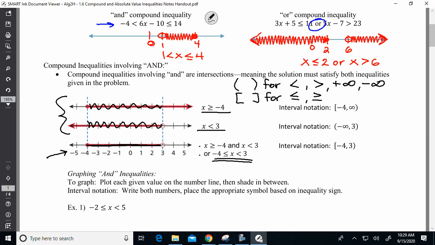So x greater than or equal to -4, you have -4 going all the way to positive infinity. So that's your interval notation. For x less than 3, you get negative infinity going over to the 3. Notice that a parenthesis is on the 3 because of that less than sign.